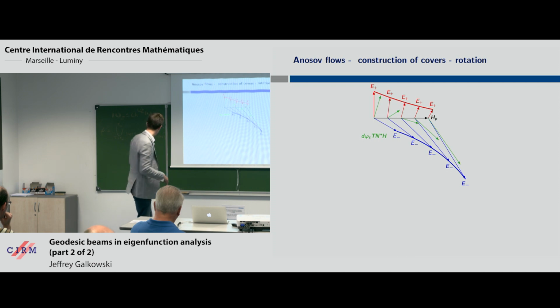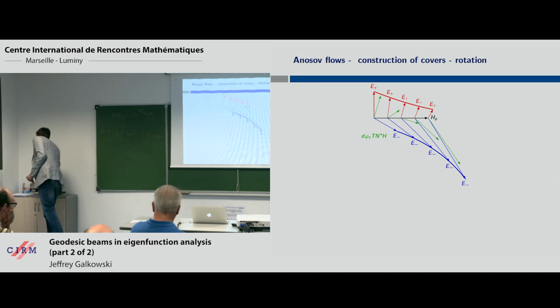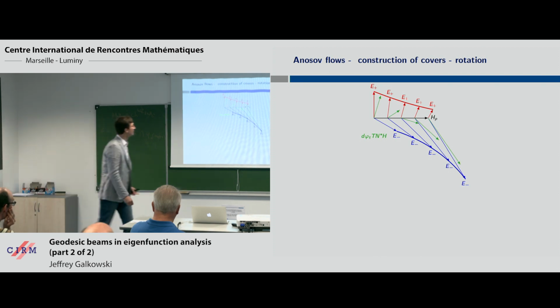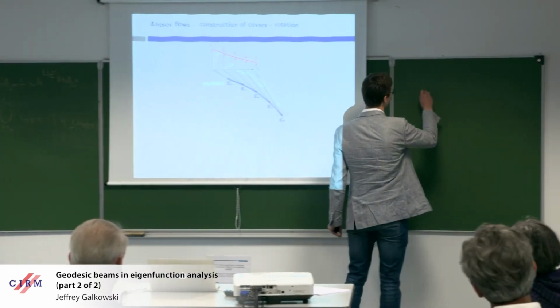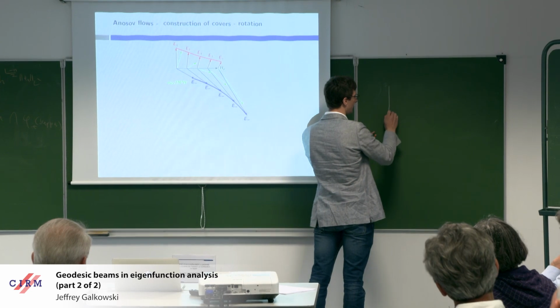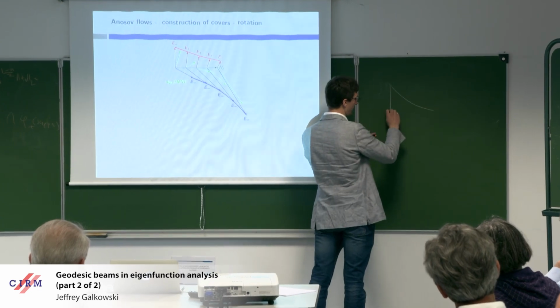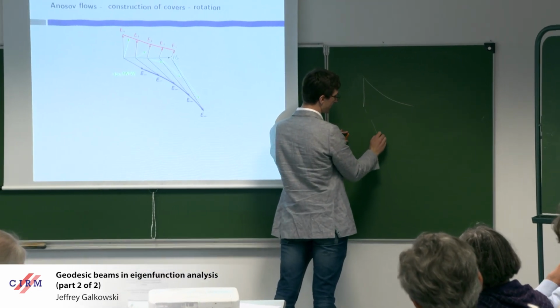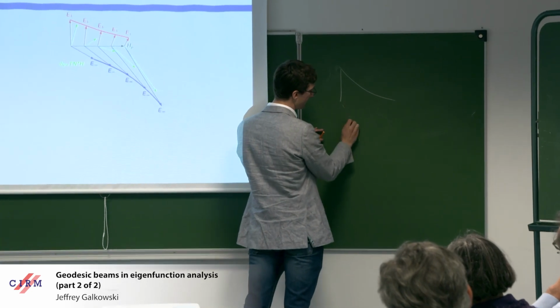Now, maybe I will attempt to sort of augment the picture with drawing. So here I have the stable direction, right? And then I have the unstable direction, which is doing the opposite thing.